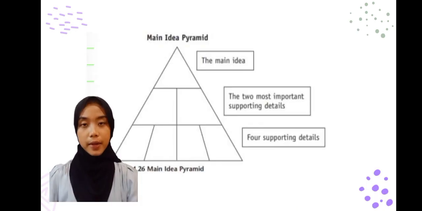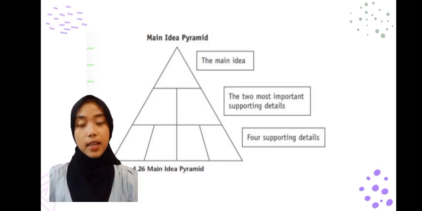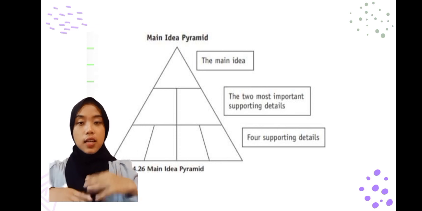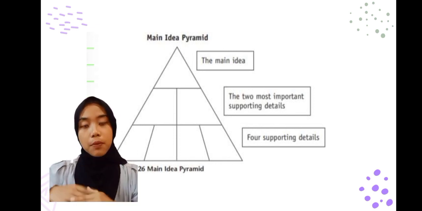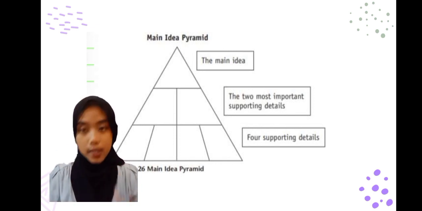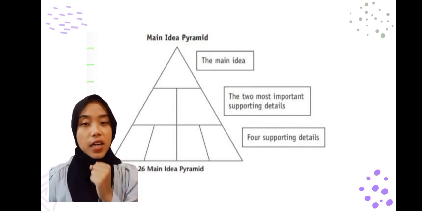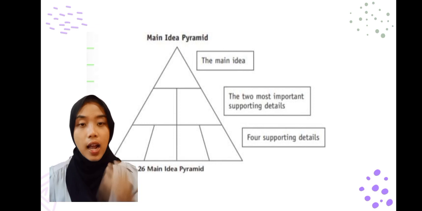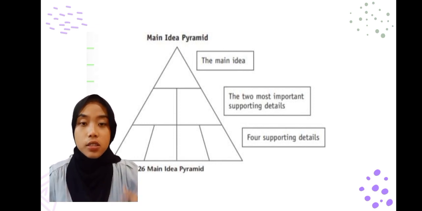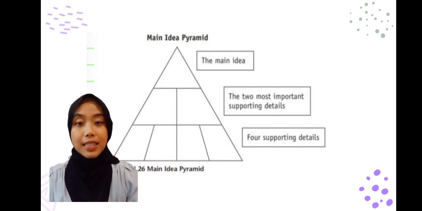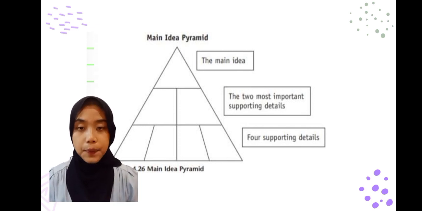And main idea pyramid. The main idea pyramid is a graphic organizer that helps students determine and record important information they have heard. It helps to show the relationship between supporting details and the main idea.